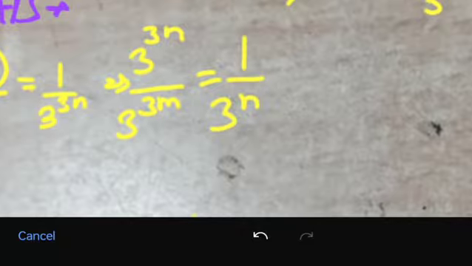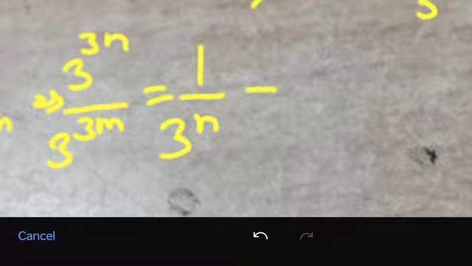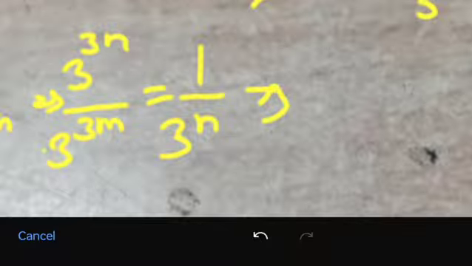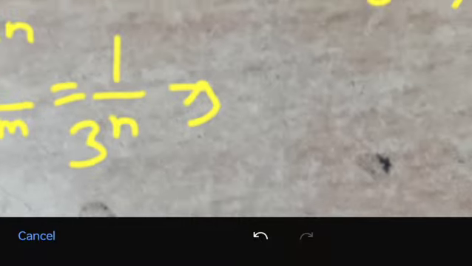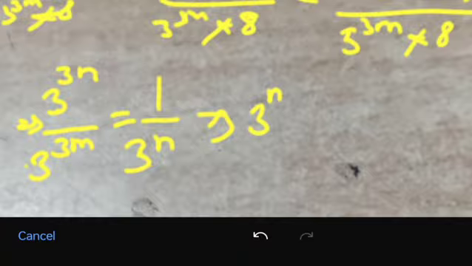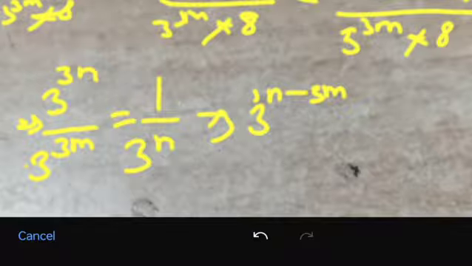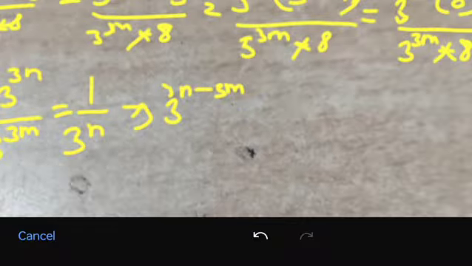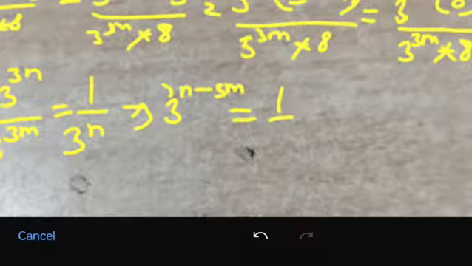So we can simply write this in this form, 3n minus 3m, because the bases are the same, and by using the law of exponent we can do this, which is equal to, let also this thing be in this form.